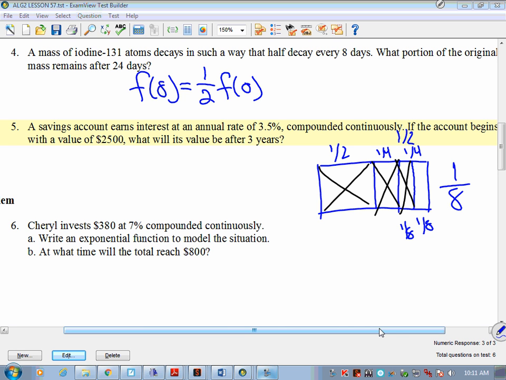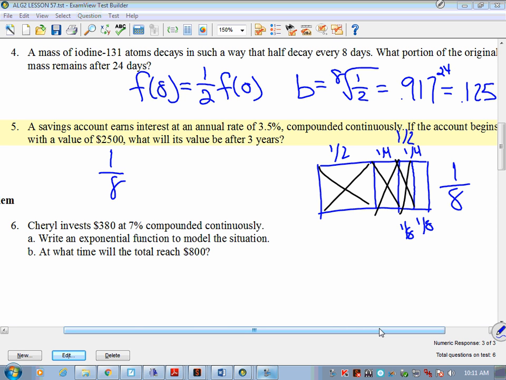All right, so b actually equals the 8th root of 1/2, which equals 0.917 to the 24th. Okay, you could also get that, which equals 0.125. And 0.125, if you hit math fraction, is 1/8.